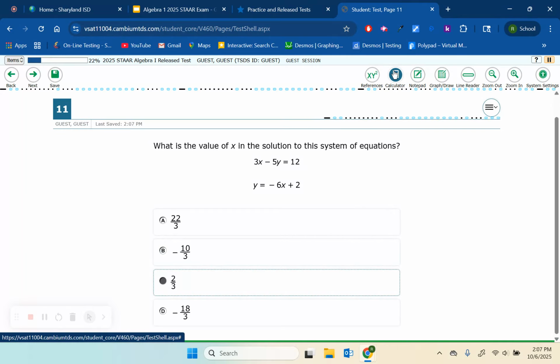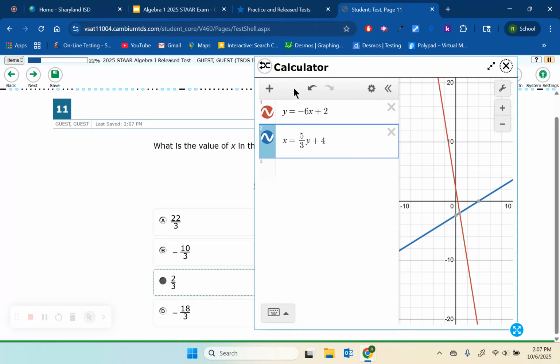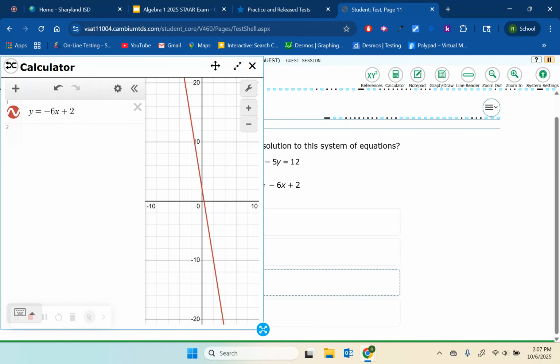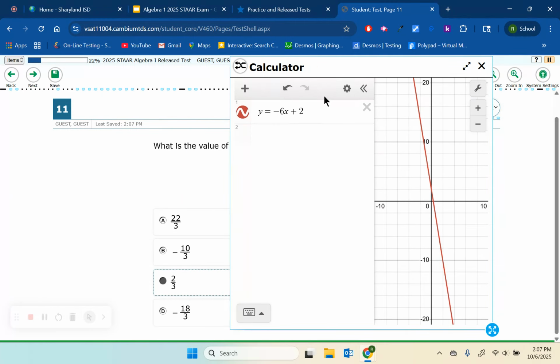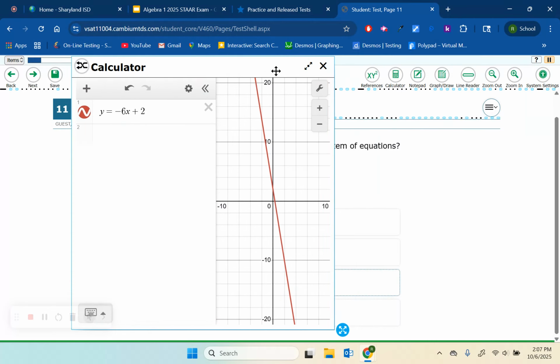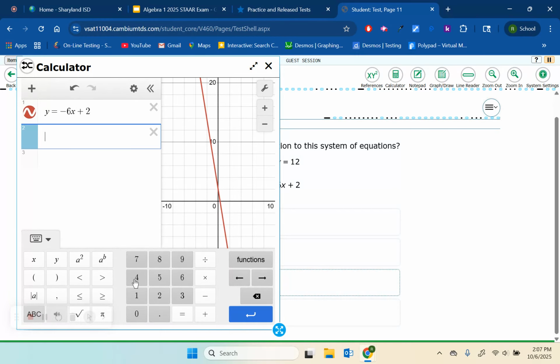Now if I had this thing solved for y, it would have been, let's see here, that's still the negative 6x plus 2. Let me take a look at over here. Let's see if it lets me do it. 3x minus 5y equals 12. So I could do it like this.